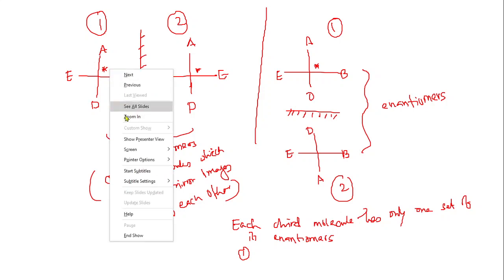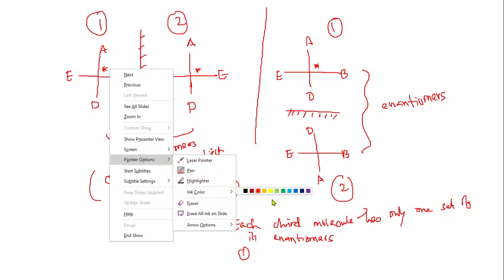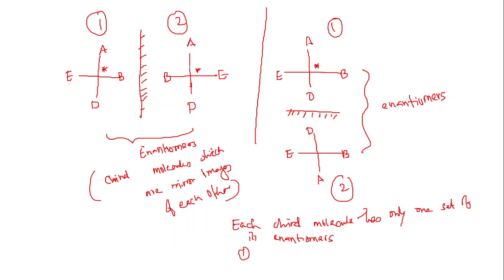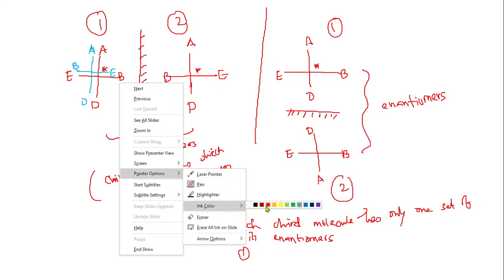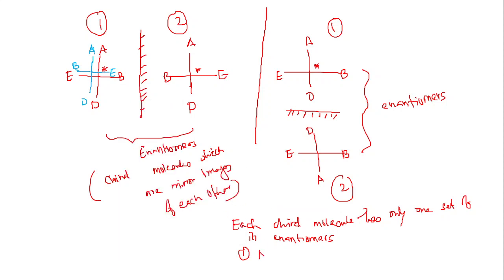So what I will do, I'll take a blue color and draw this molecule on top of this. So you can see here, if I draw the A and D, and if I'm going to draw the other part, that is E and B, the B and E are not matching. A and D are superimposing on each other, but not the B and E. So these are non-superimposable mirror images of each other.